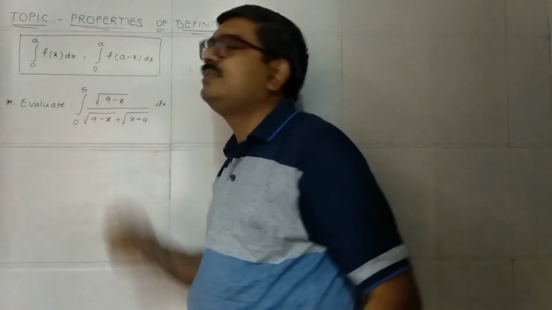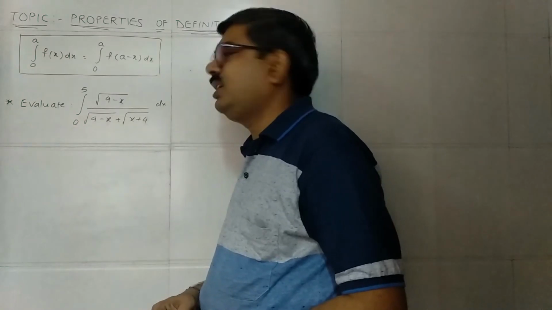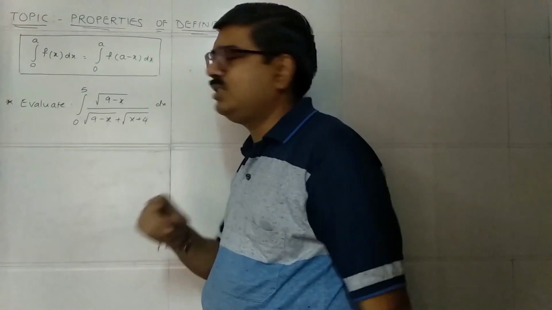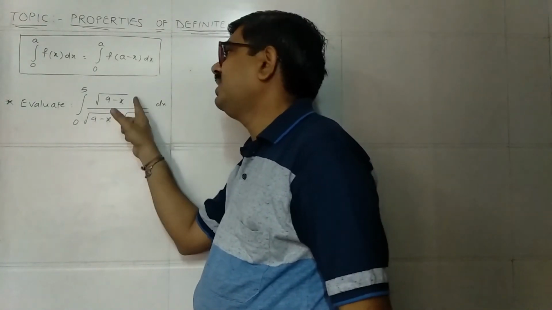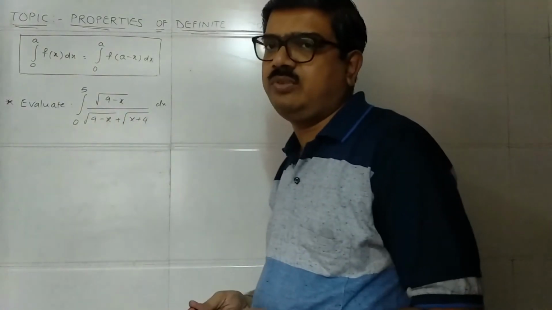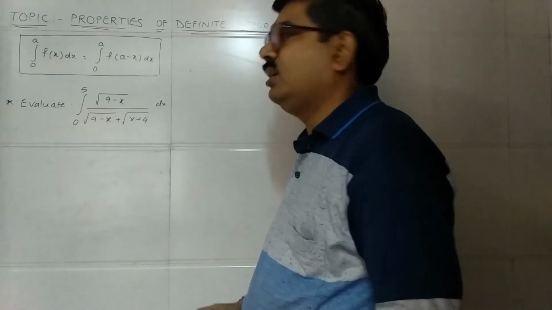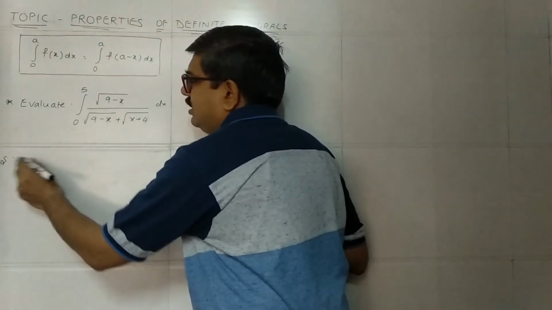So you can apply this property. Two things to check before applying it: first, whether the lower limit is 0, and second, whether the numerator term is also present in the denominator of the given fraction. Now, without wasting time, let me start.